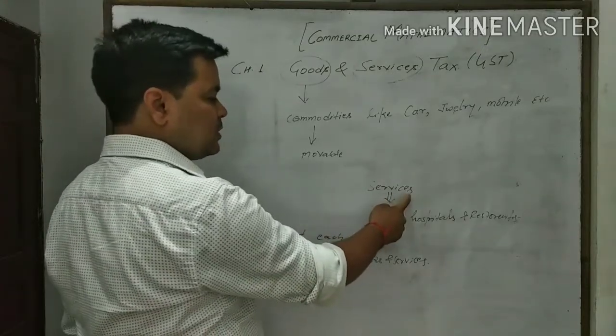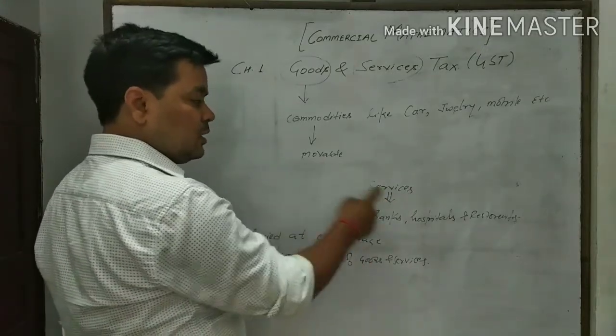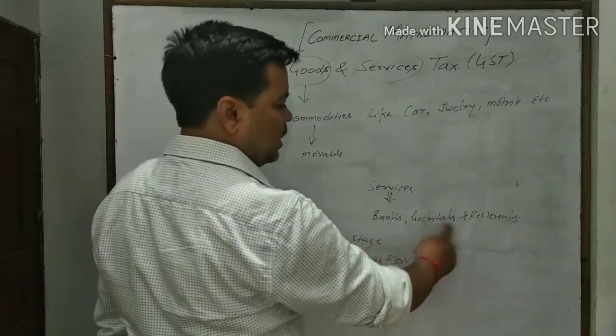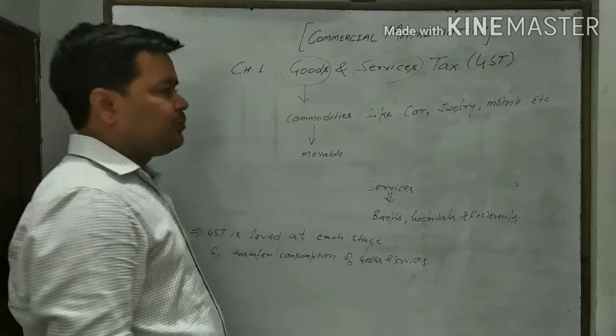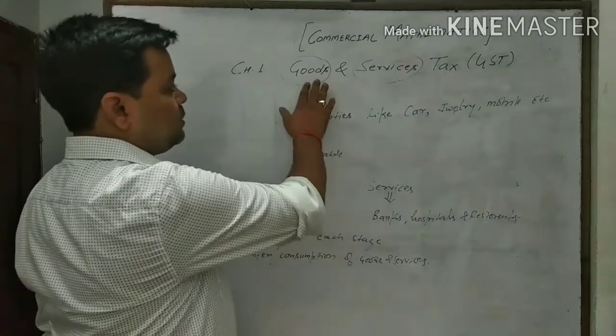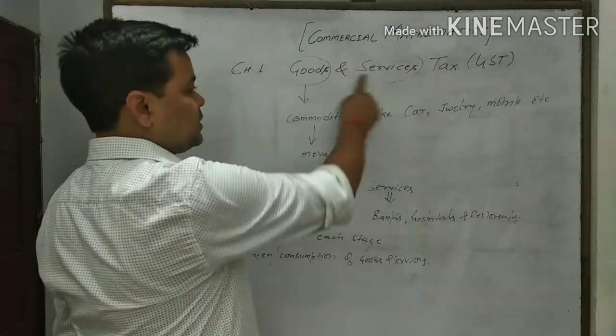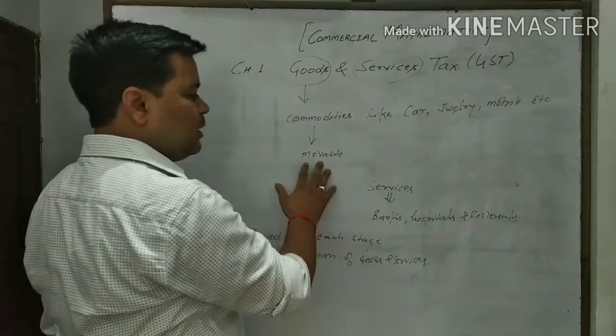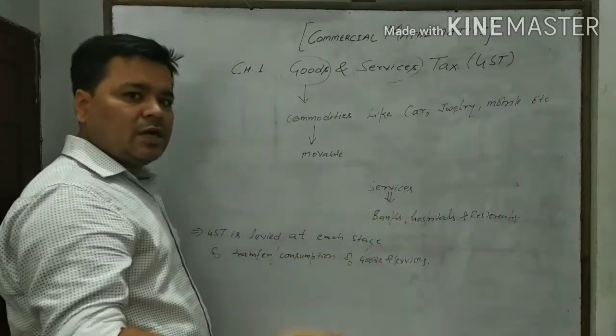And service means service is not movable. Service means whatever we get in banks, hospitals, and restaurants. Now I think it's clear what goods and services are. Goods means the articles, the commodities which are movable, and service means that which is not movable.